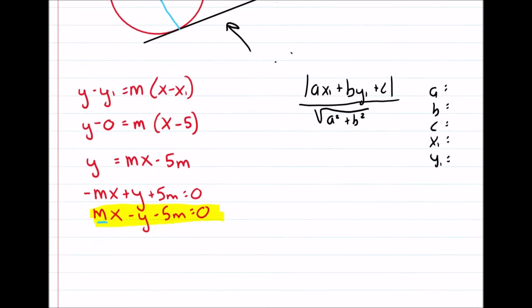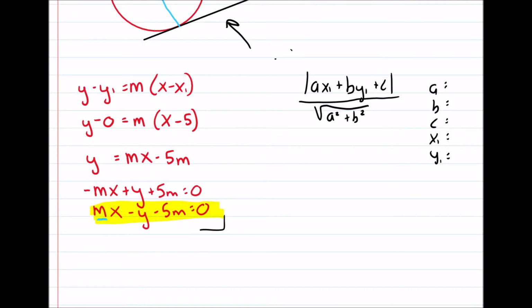So, let's look at this equation. Our a is going to be the number in front of x, which is m. Our b is going to be the number in front of y, which is minus 1.